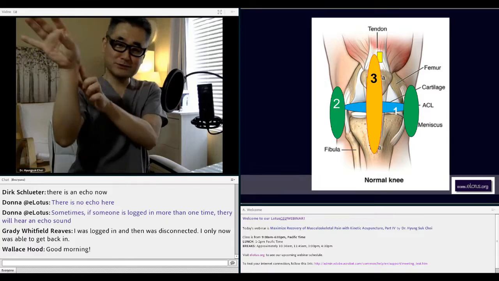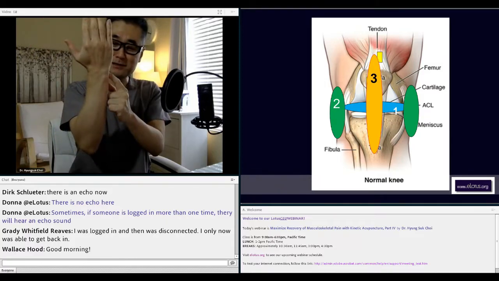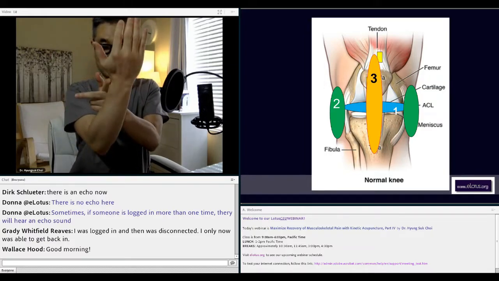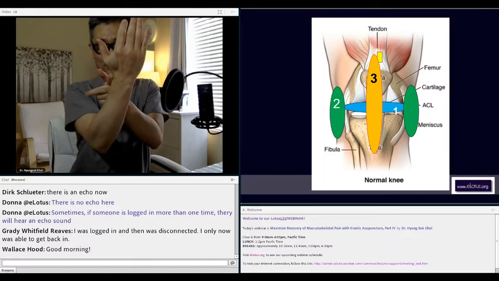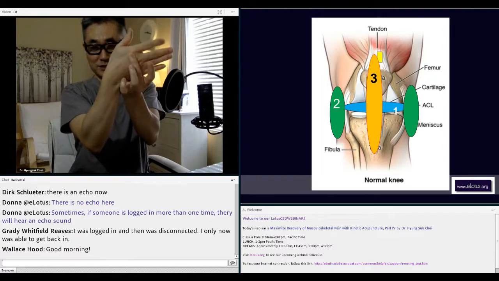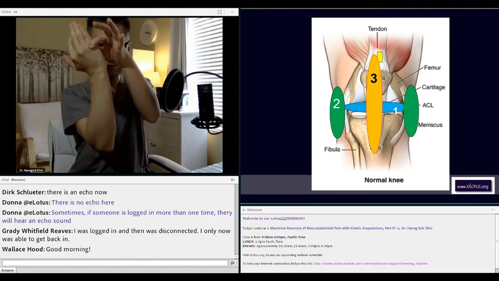The other way around, you tear this ligament. This is the medial collateral ligament, and this is the lateral collateral ligament. And you check the integrity of this ligament by stretching it, and this ligament you are checking by stretching it.